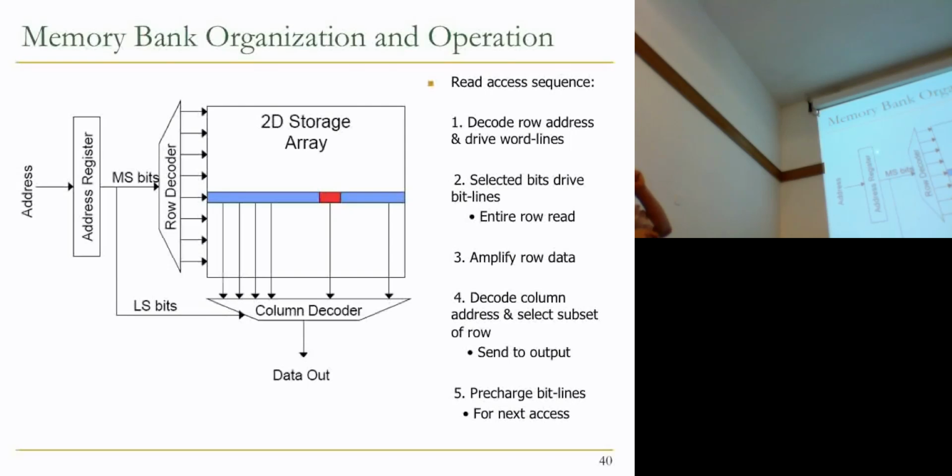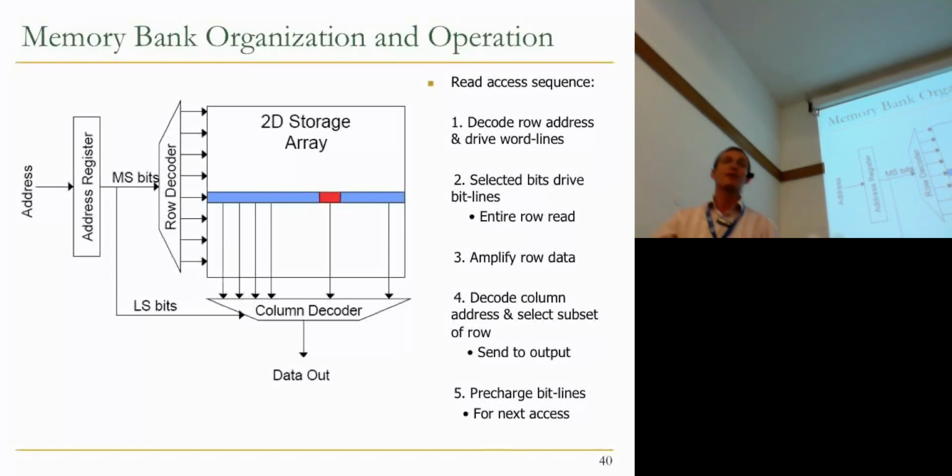Basically, to do an access, a row address is decoded, and an entire row of memory is brought down into sense amplifiers, and these selected bits drive the bit lines. You get the entire row. Something down here amplifies that row data such that you know whether these are ones or zeros, and later the data that you need is actually decoded. Which column within that row is needed is decoded and sent to the output.